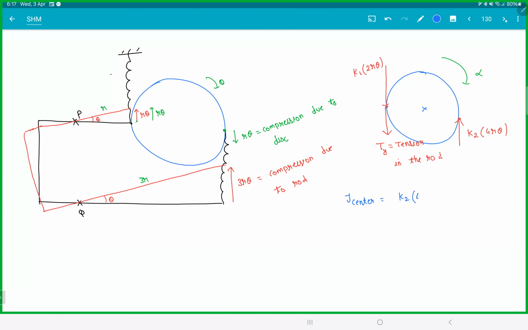So K2 into 4r theta into r plus K1 into 2r theta into r plus tension due to y into r should be equal to minus I center alpha. Now we have to find Ty. How to find the tension?